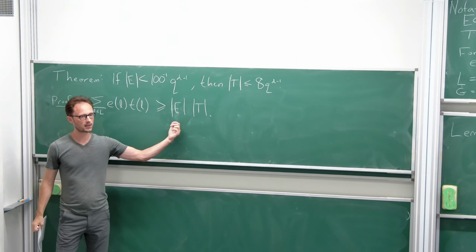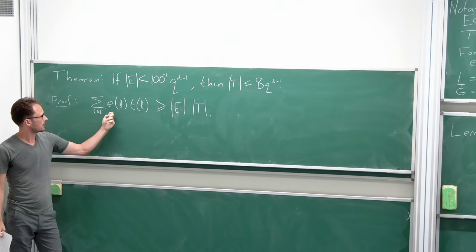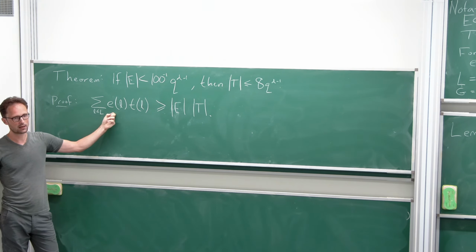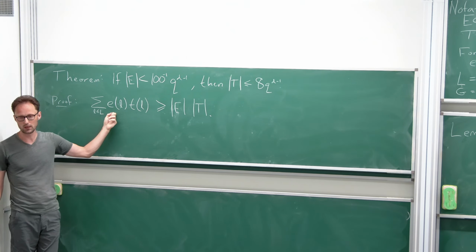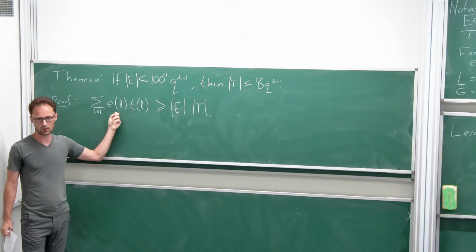On the right side, we have the number of pairs of a point of E and a point of T, and each of these is counted at least one time on the left. If they're distinct points, then there's a unique line that contains them, and so it's counted in that line.